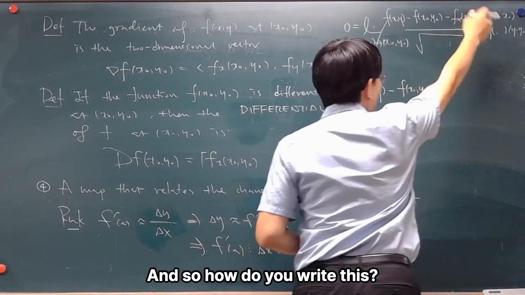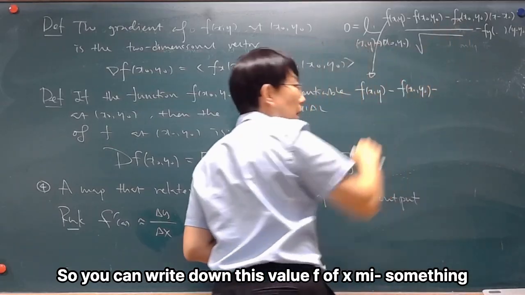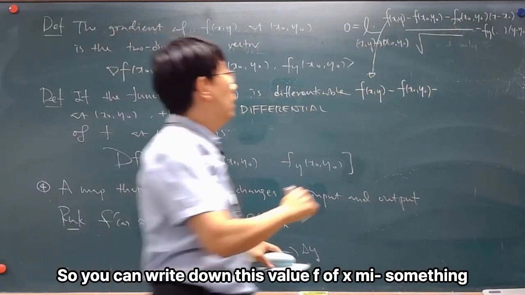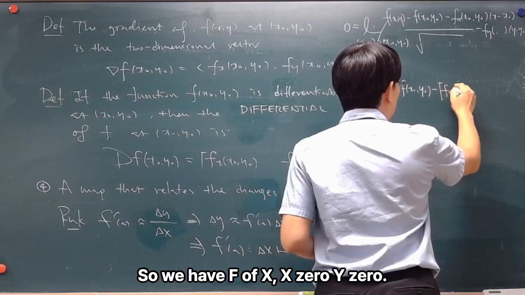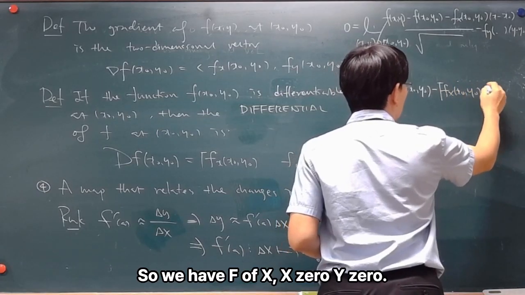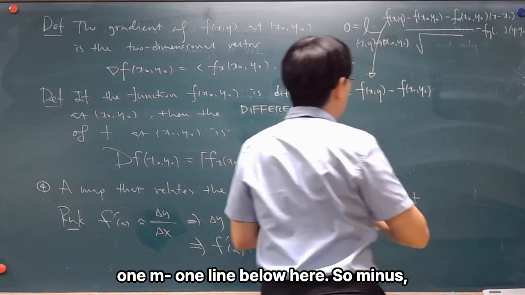So how do you write this? You can write this value, f(x, y) minus something, as the following matrix multiplication. We have f(x0, y0), and I need more space, so let me write it one line below.